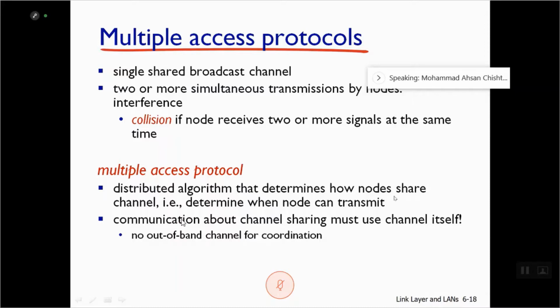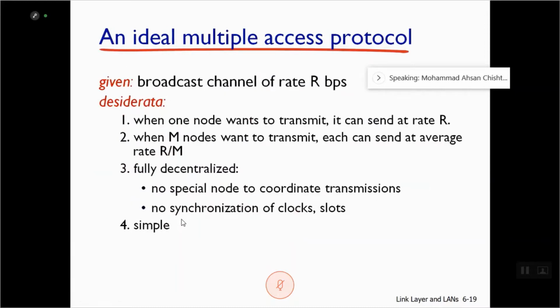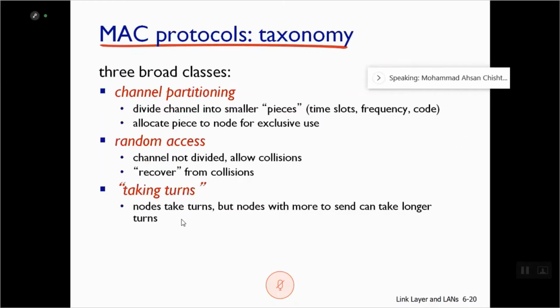To understand this, we have a given channel. We have three broad categories of multiple access protocols. The first is the channel partitioning protocol.